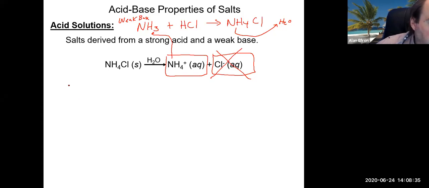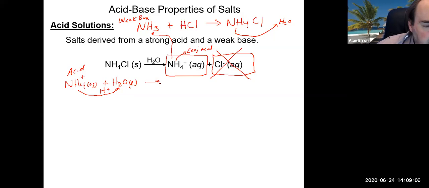So the reaction that we would see would be the NH4 plus plus the water. And same sort of logic, the NH3, which is a weak base, means technically speaking this would be our conjugate acid. That's important because this is going to act as an acid when it reacts with water, which means it's going to donate an H+ over.